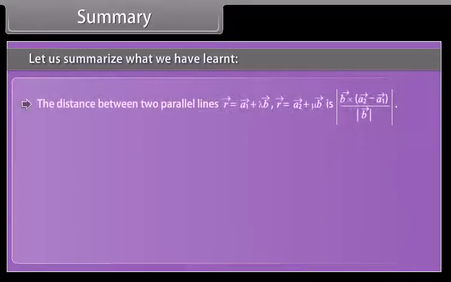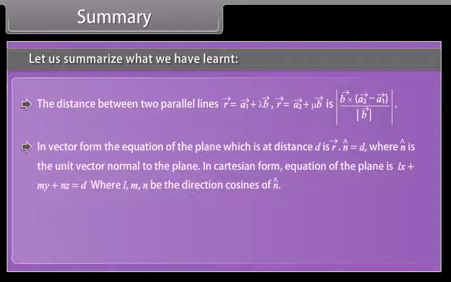The distance between two parallel lines is, in vector form, the equation of the plane which is at distance d is where cap n is the unit vector normal to the plane. In Cartesian form, the equation of the plane is where l, m, n are the direction cosines of cap n.